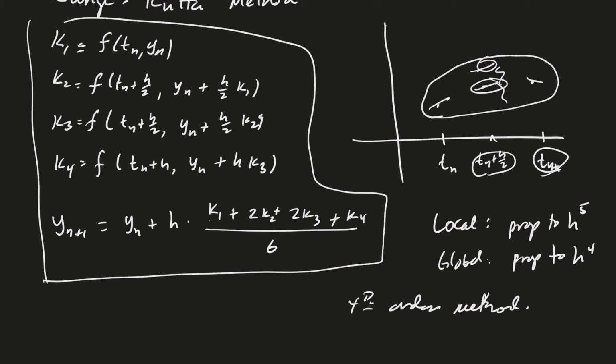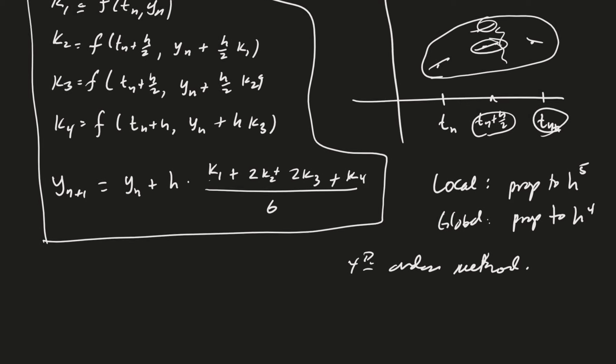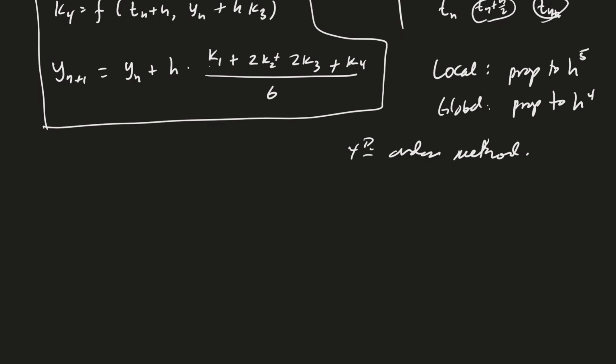Now we could make this a third order method, or we could make a fifth order method. There's lots of different ways to do that, and so what happens is, how do we estimate the step size if I don't have a step size estimation in hand?